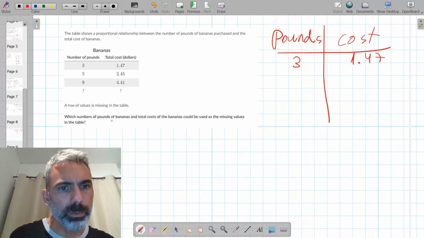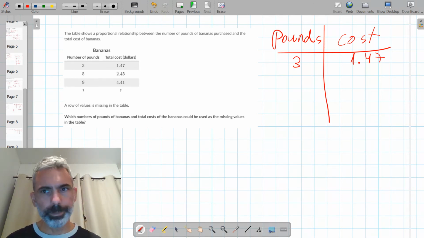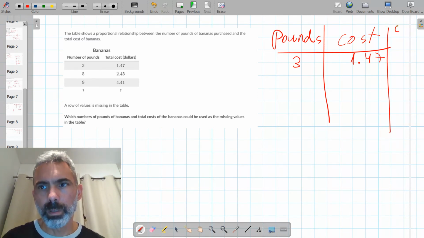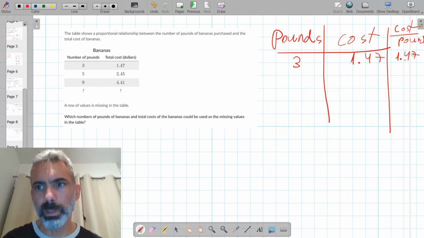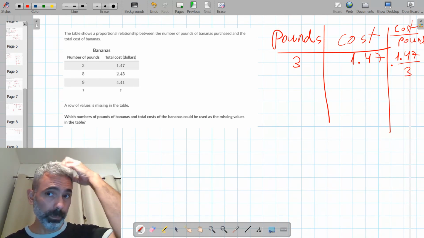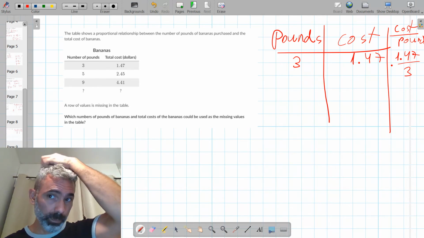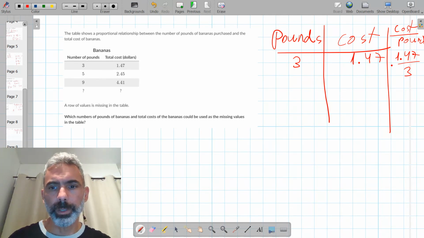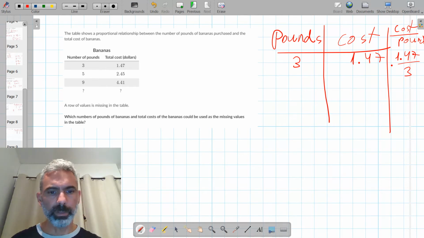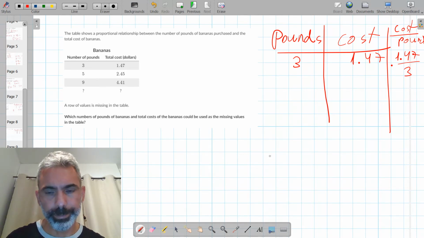Which numbers of pounds of bananas and total cost of bananas could be used as the missing value? Okay, so cost per pound is 1.47 divided by 3.